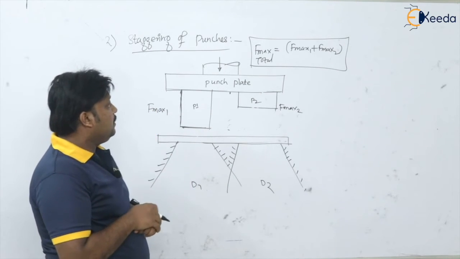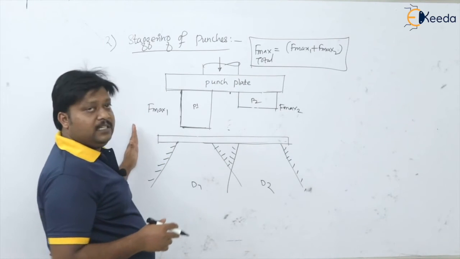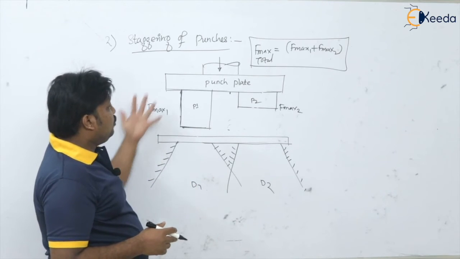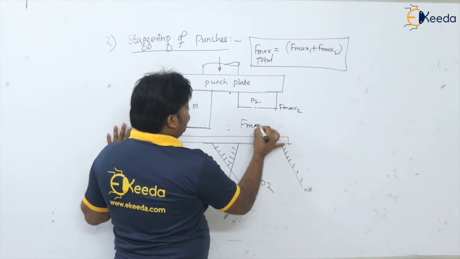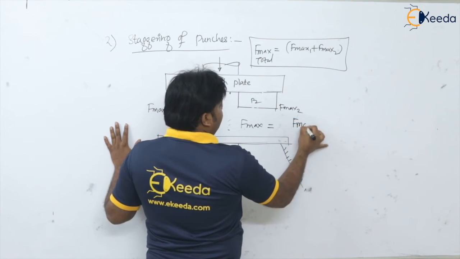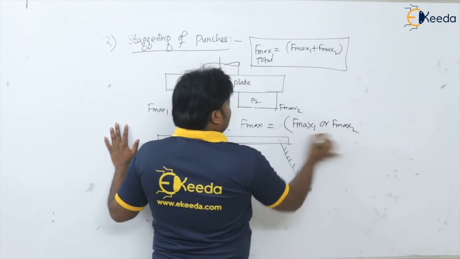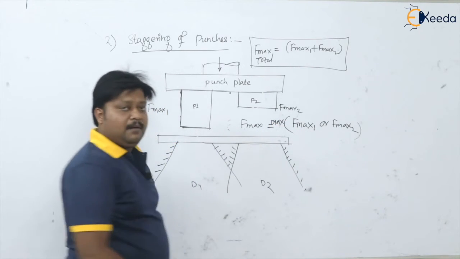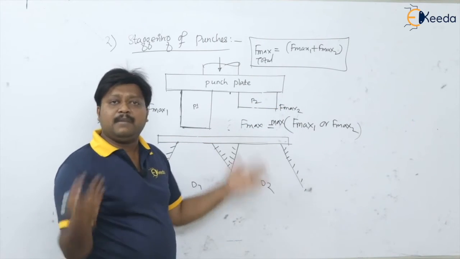You can see here, when I talk about the maximum force in this operation when the length of the punches is staggered, I can write this maximum force as the maximum of either F max 1 or F max 2, whichever is the maximum force.